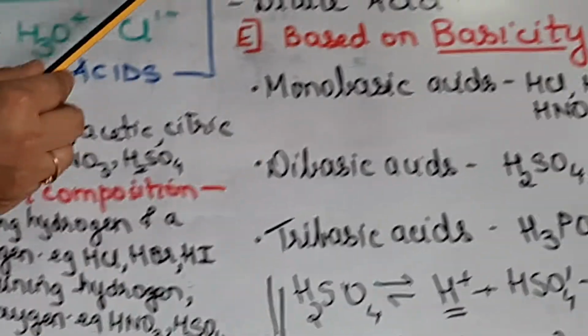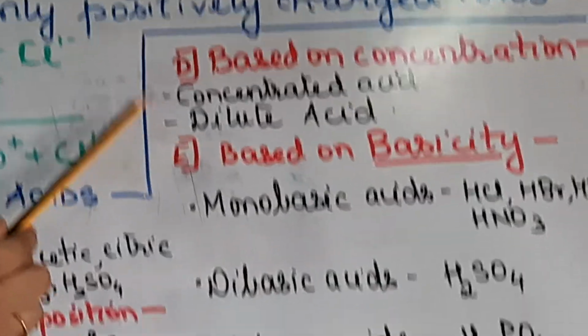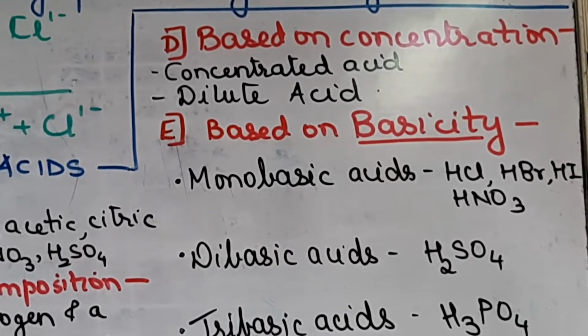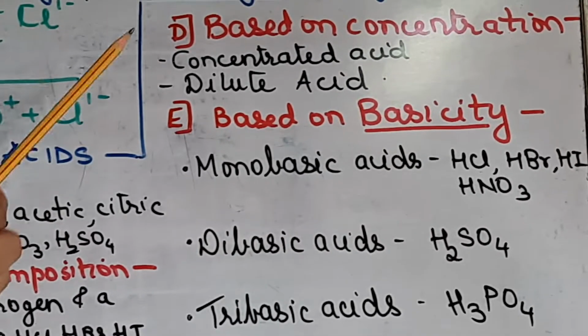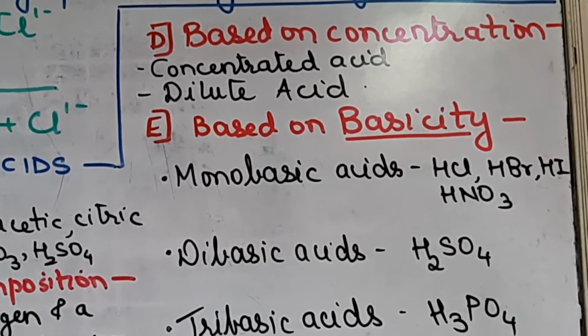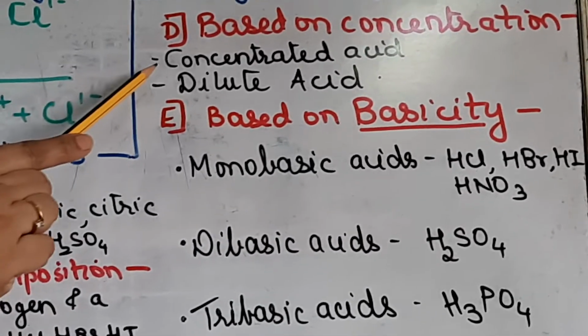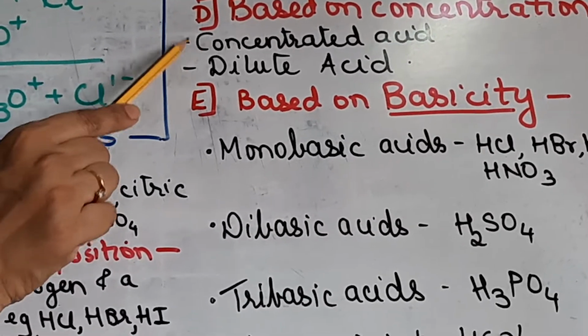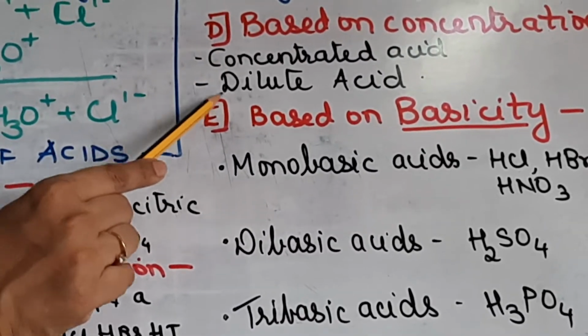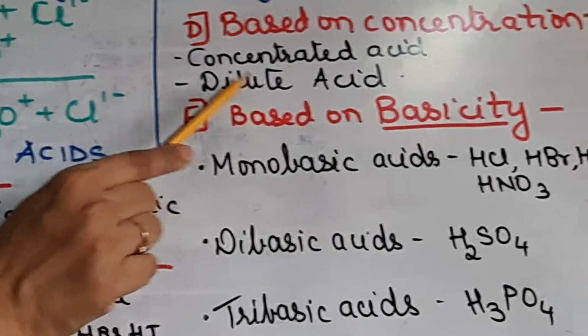Then based on the concentration, this will depend on the amount of the acid present in aqueous solution. The meaning of concentrated is that it contains a larger quantity of the solute. So a concentrated acid has a larger portion of that acid in water, and a dilute acid has less quantity of the acid in water.